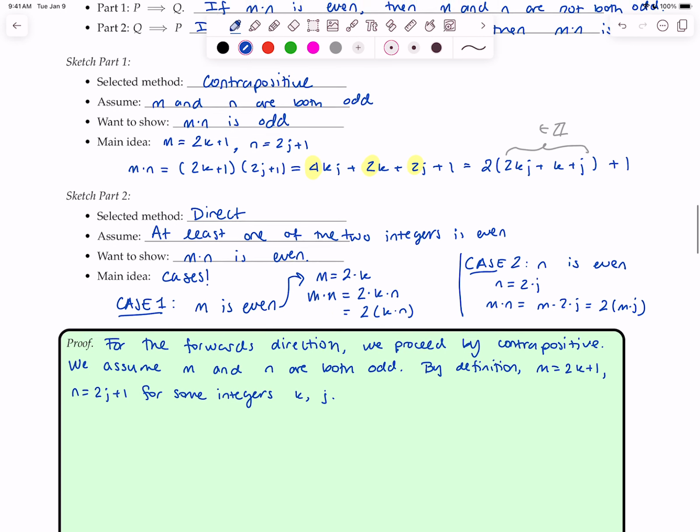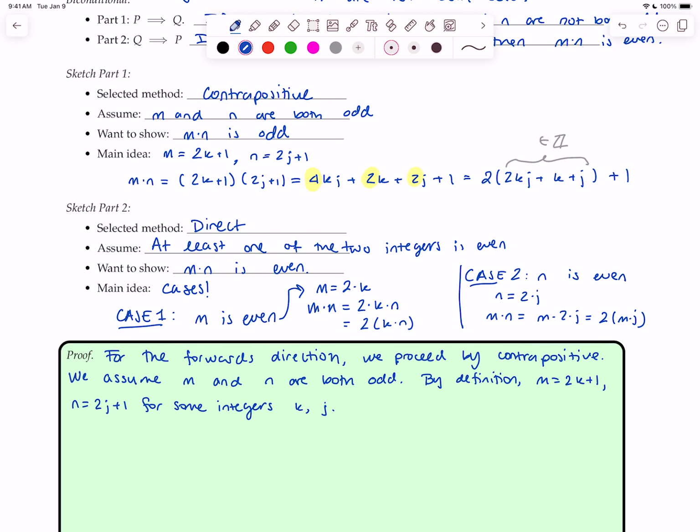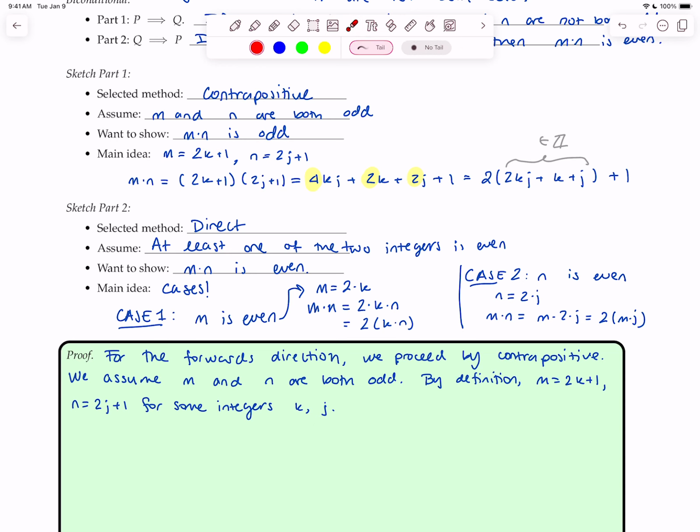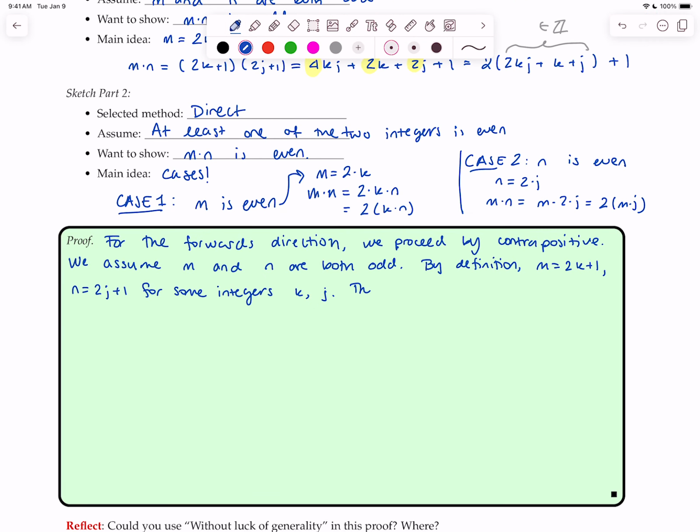Okay. What did our sketch say? We wanted to show M times N is odd, and we were doing sort of this arithmetic here to show it. Okay, so let's go ahead and write down that arithmetic. So we could say then M times N is, by substitution, 2k plus 1 times 2j plus 1, equals 4kj plus 2k plus 2j plus 1, and then we wrote it as 2(2kj plus k plus j) plus 1.